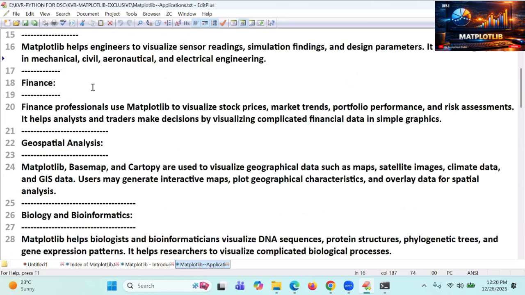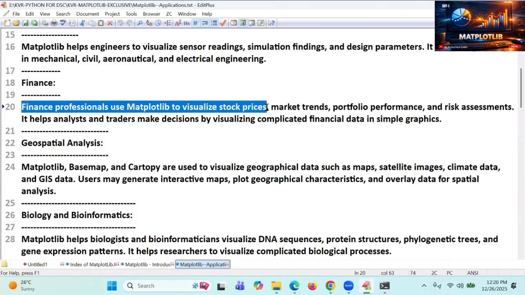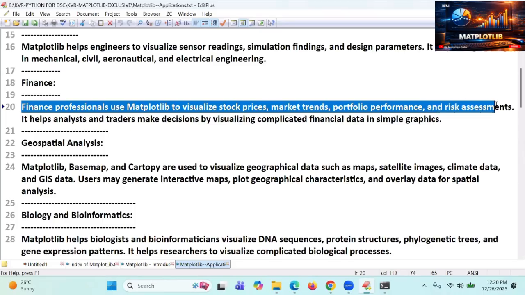Next, finance and banking. All banks announce their profits every 3 months, 6 months, yearly, quarterly. So finance professionals use Matplotlib to visualize stock prices, market trends, portfolio performance, which is nothing but their profits, and risk assessments.